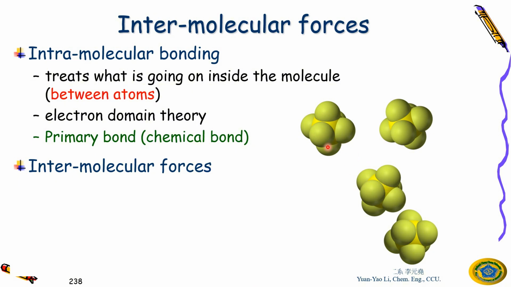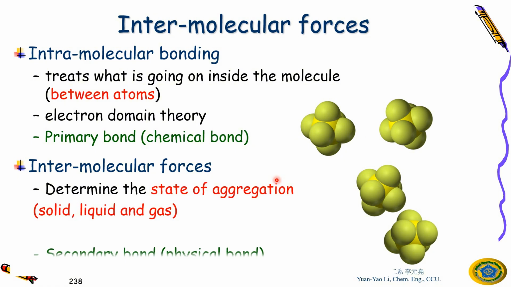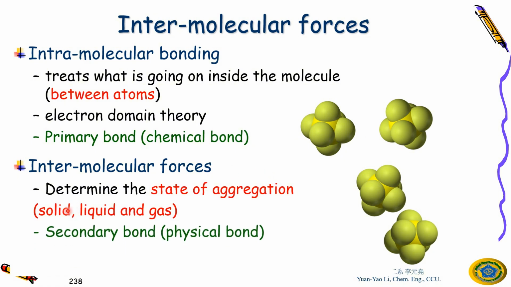We are talking about intermolecular forces between molecules, which determine the state of aggregation. State of aggregation is what? Solid, liquid, or gas. This is what we call secondary bonds or physical bonds.